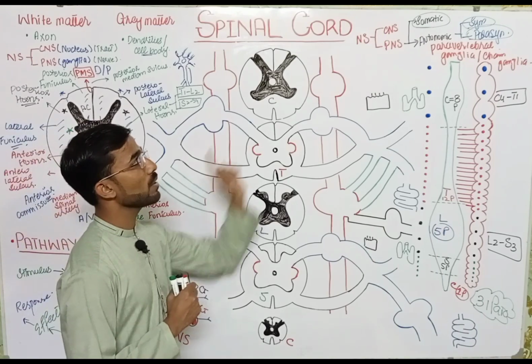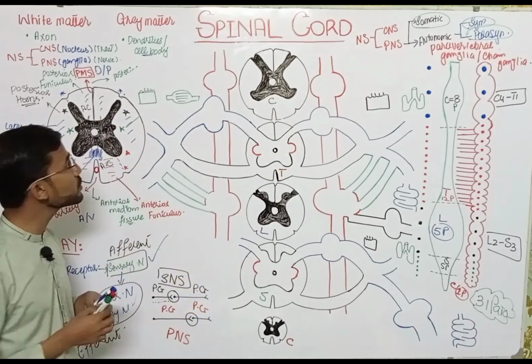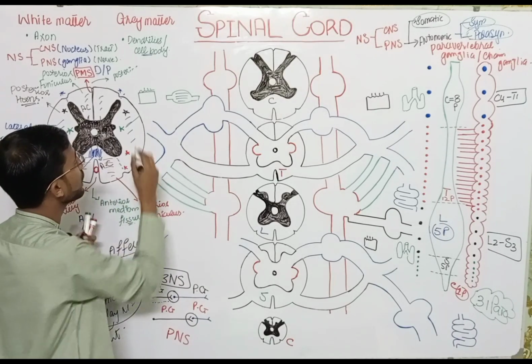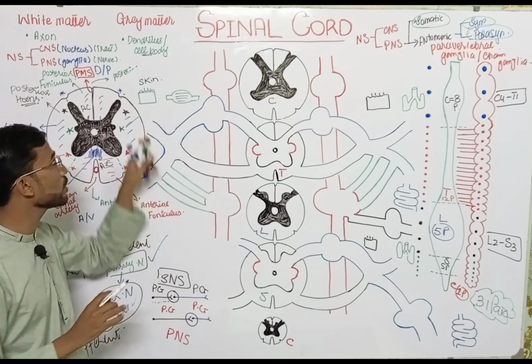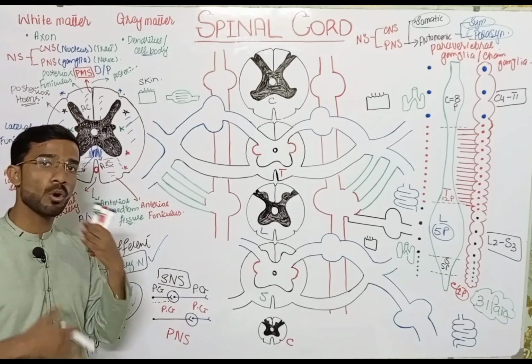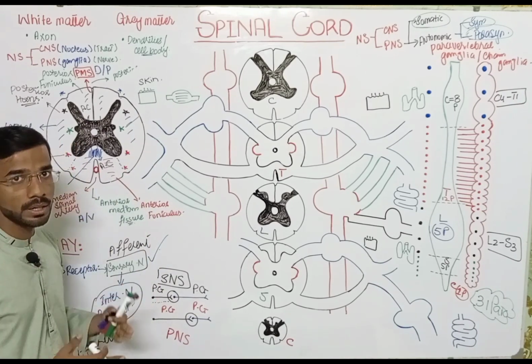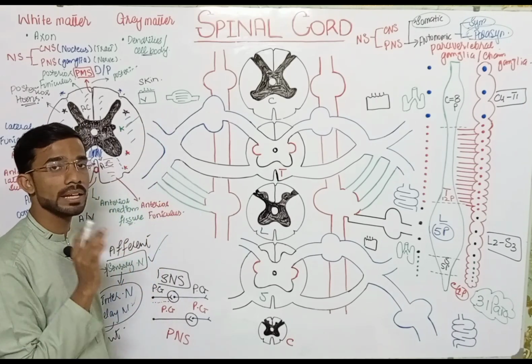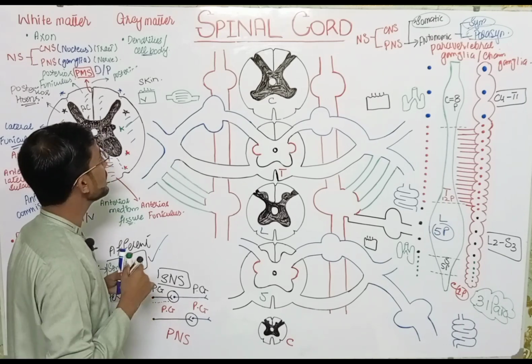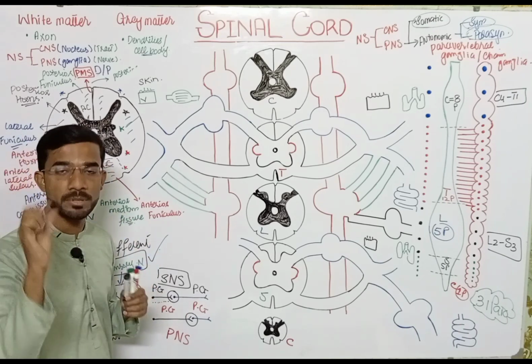First of all, we will discuss the somatic pathway. Here is the skin, and when the skin is burned, there are receptors present in the skin, like the tips of the neuron.